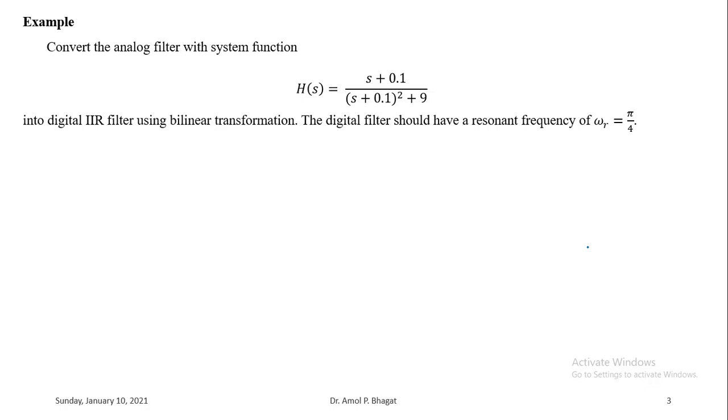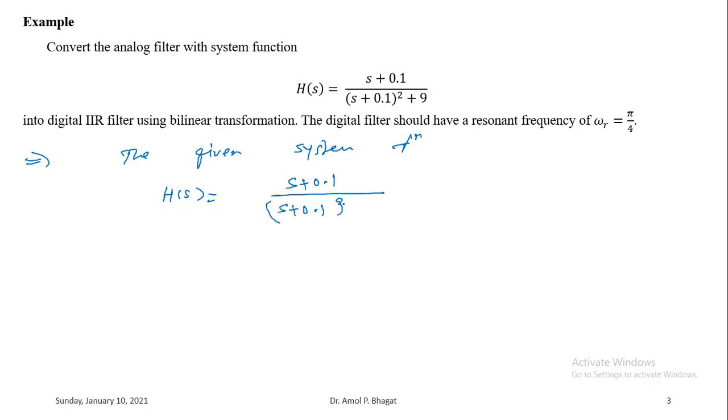Here the given system function H of s is equal to s plus 0.1 whole upon s plus 0.1 whole square plus 9.